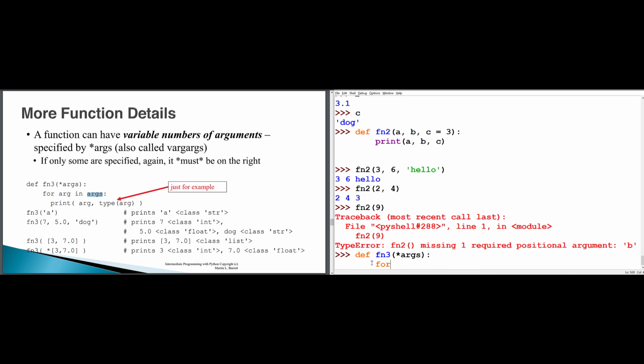And because that's, I forgot to say this, I guess it doesn't say it on the slide, that variable number of args is going to come in as a tuple.